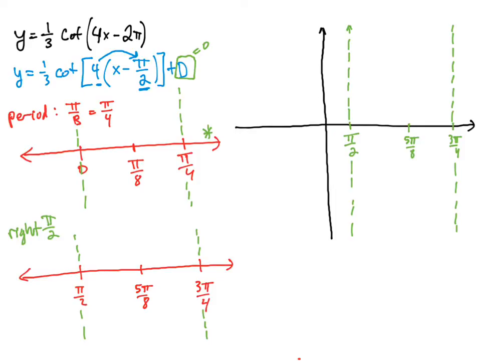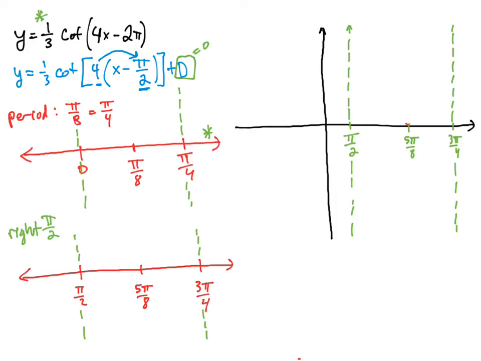A cotangent graph decreases unless there's a vertical reflection. We don't have a vertical reflection because that leading coefficient is positive. Now, because the leading coefficient is 1/3, this tells us we have a vertical compression. So what that means is this graph is going to get compressed vertically.